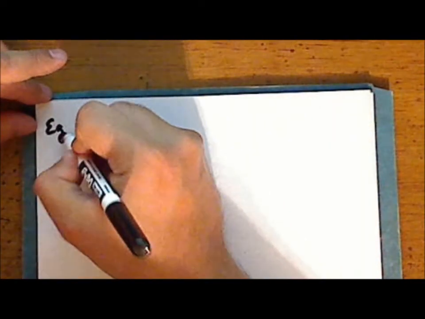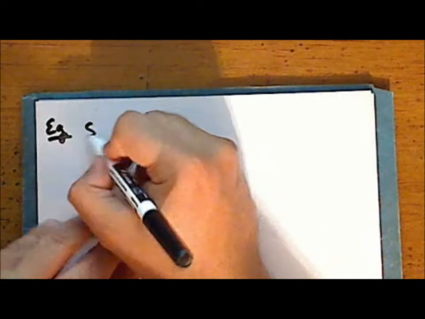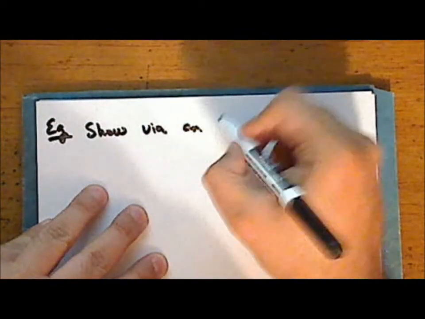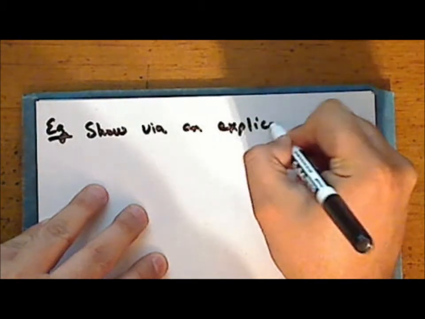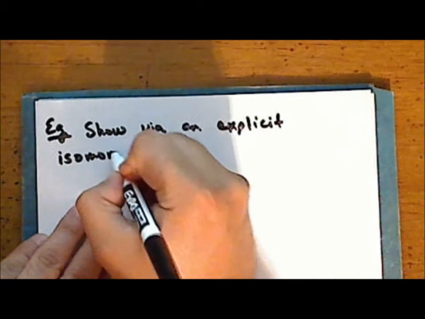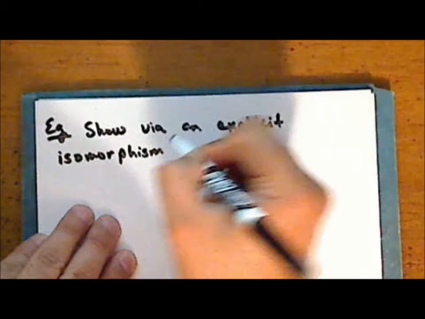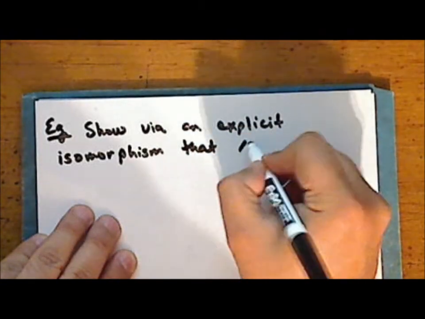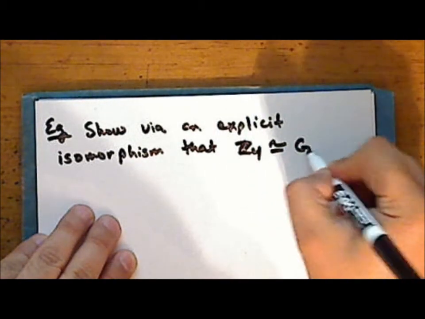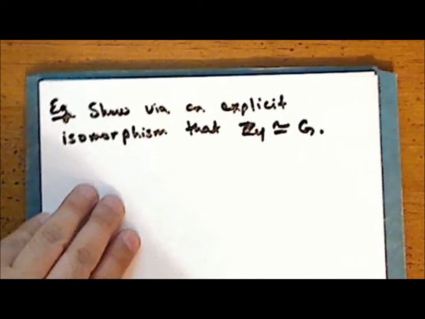So as the next example, we will show via an explicit isomorphism that the integers modulo 4 under addition is isomorphic to the set G under multiplication.